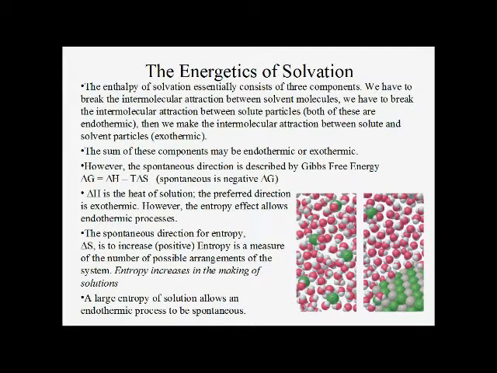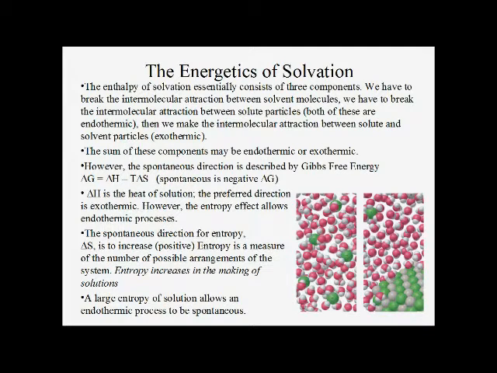But the enthalpy of solution is not the only component. The other main component is the entropy. Entropy is a measure of microstates or possible states. So the more disordered a system appears, the more possible arrangements there are for the system.